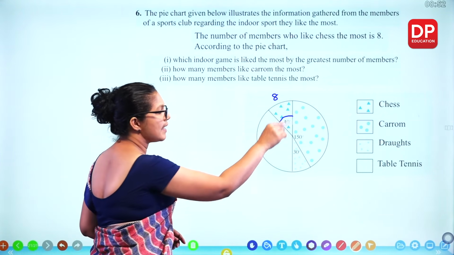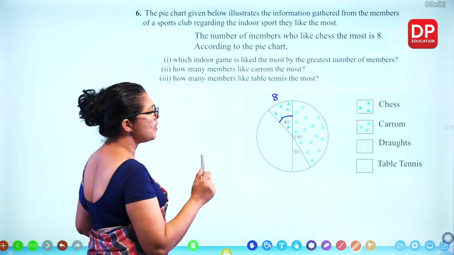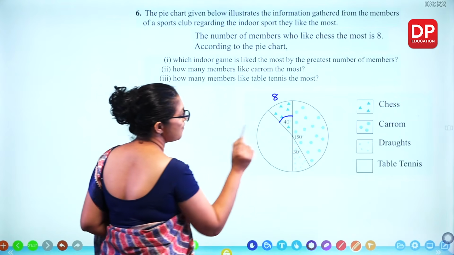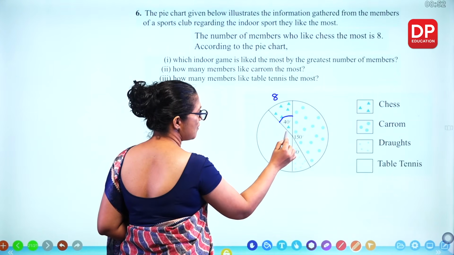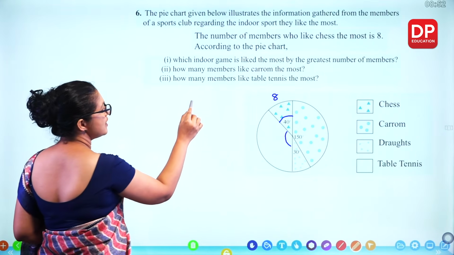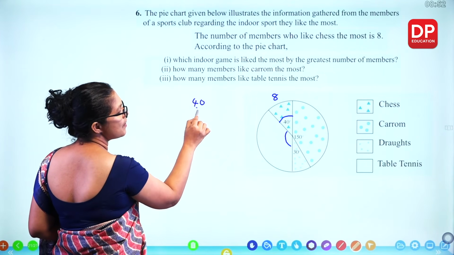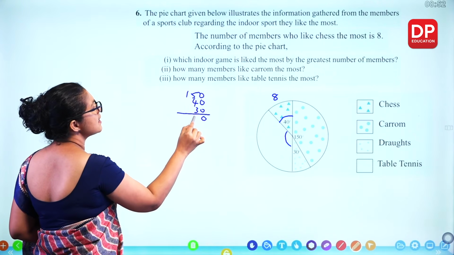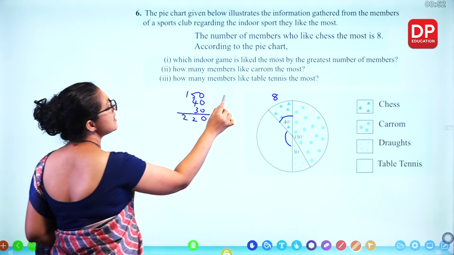Which indoor game is liked the most by the greatest number of members? By looking at the graph, which angle is the highest? We can see this is 150. What about this one? We'll find this angle by adding all these together. 40, 30, 150. When you add them together, you get 220.